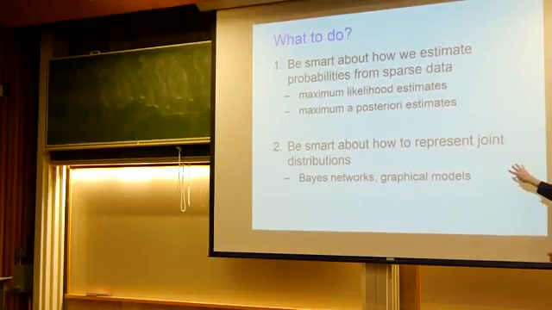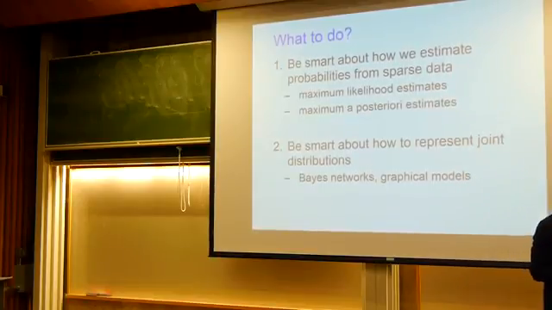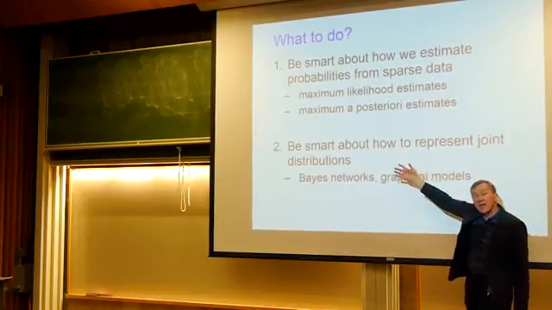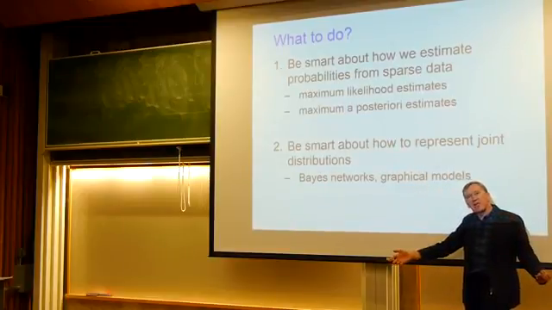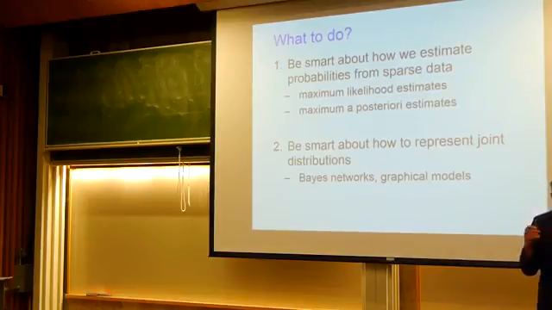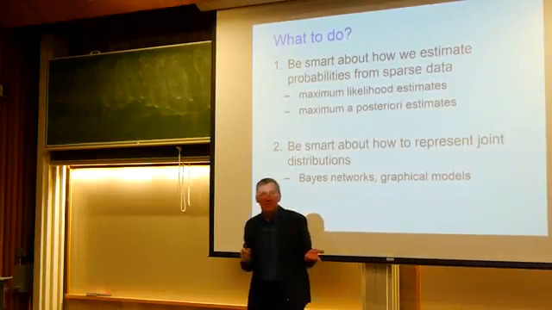And number 2, we want to be smart about how we represent probability distributions, and in particular, we'll be looking into ways in which we can make assumptions about the forms of probability distributions that allow us to have fewer parameters to estimate than the number of rows in the joint probability distribution table.